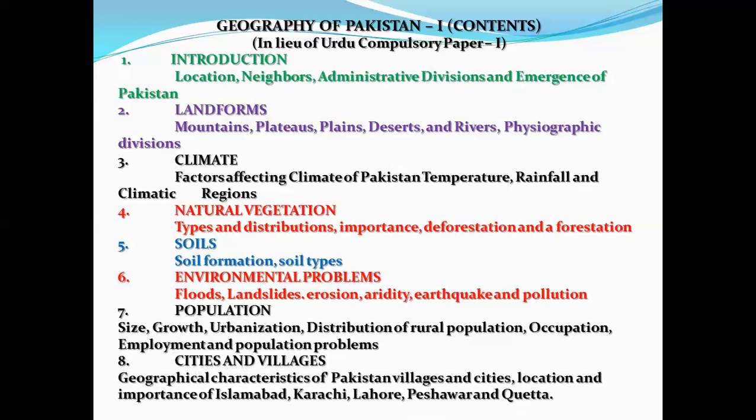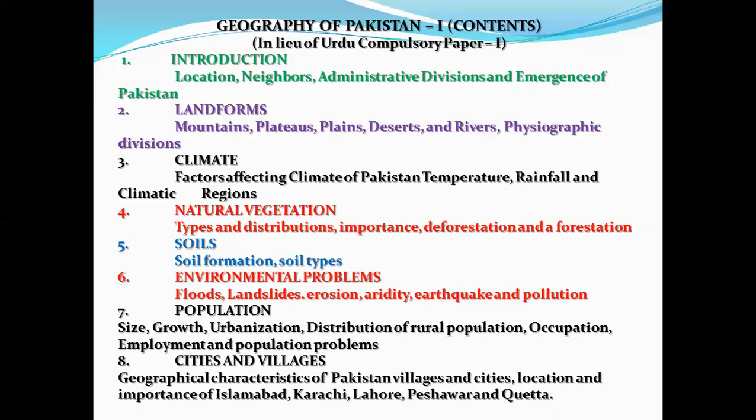Chapter number 7 is about population. You will study about the size of population, growth of population, what is meant by urbanization, distribution of a rural population, occupation of the people, employment, and population problems. Chapter number 8.